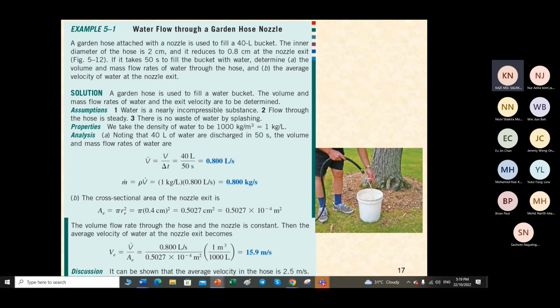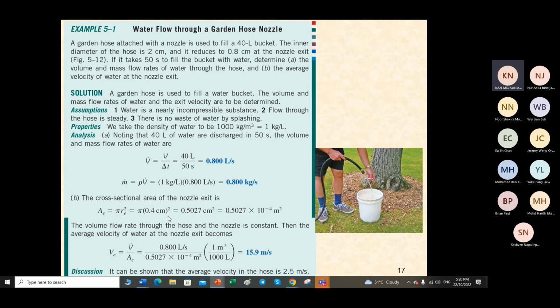If the area reduces, then the velocity through it increases. The hose is 2 cm and it reduces to 0.8 cm at the nozzle exit.